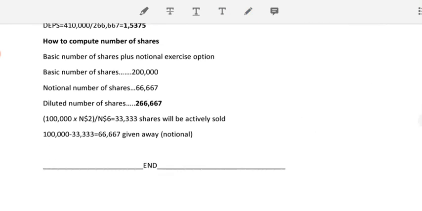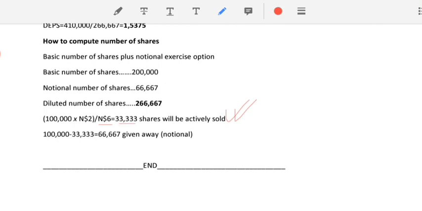If you say 100 times 2 divided by 6, we will get 33.33 shares, and this one will be sold. If the market price is 6, this one will be sold.